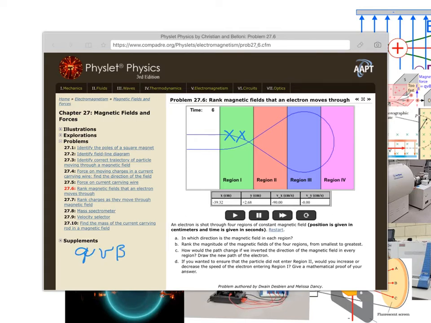qvB equals mv squared over r. That's what I remember, because I know that's the force, and one of the v's cancels. And so if we're looking for the field, it is going to be equal to the mass times the velocity divided by the charge.